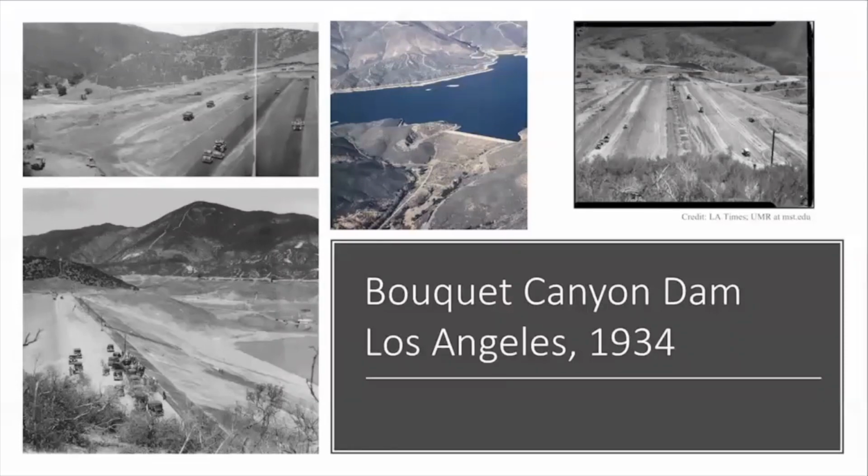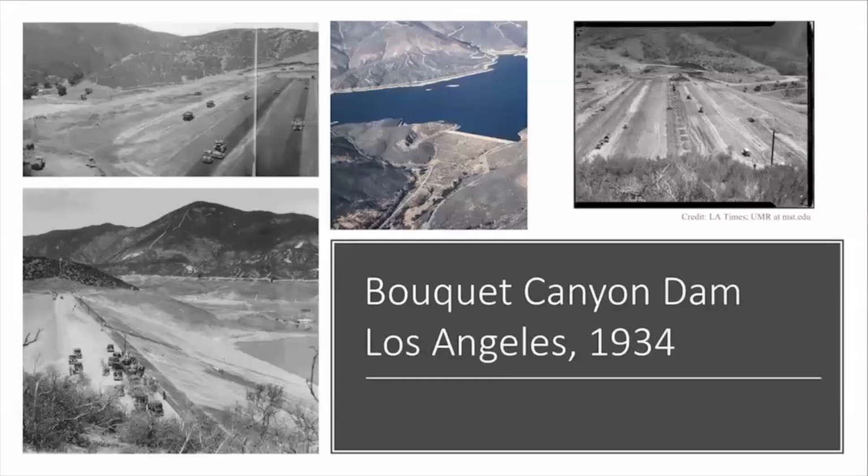This was the first earth dam in the United States constructed using the principle of soil compaction, which is what Proctor described in his publication. People use that compaction curve, which we'll describe in more detail, to guide the field compaction effort.